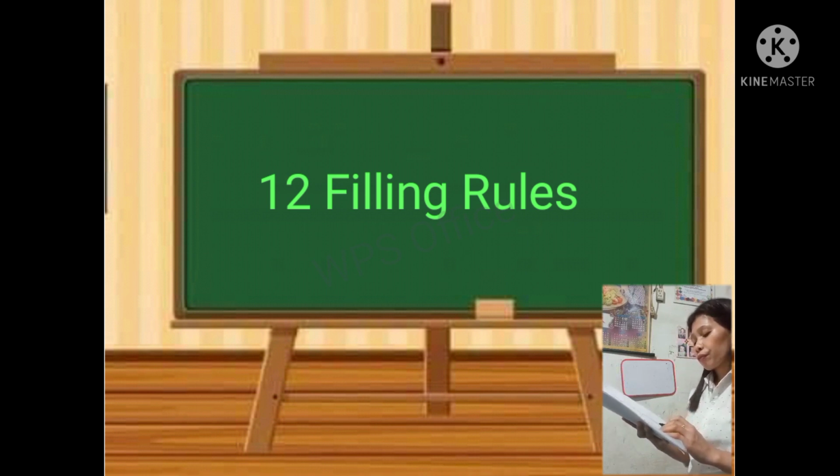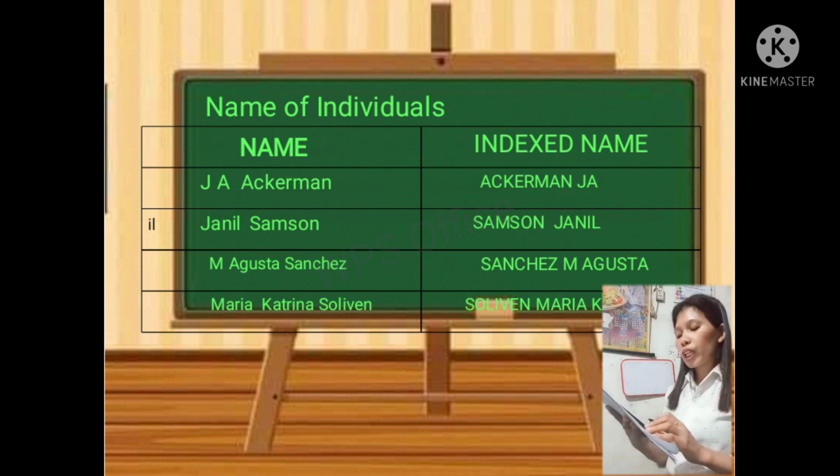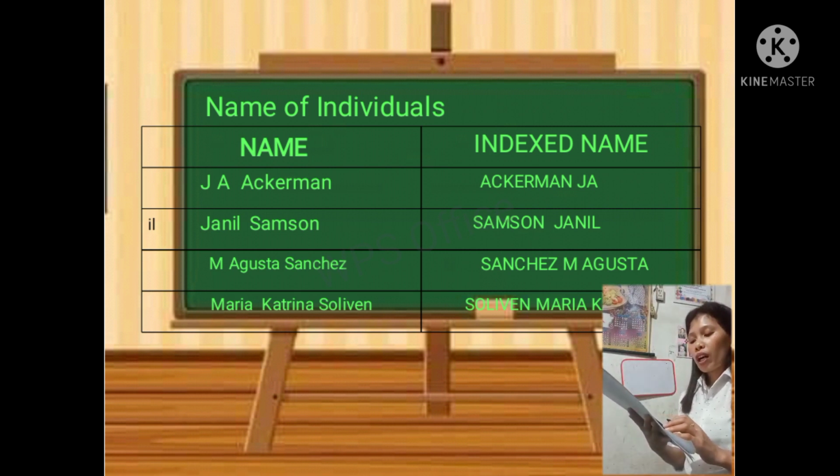Example, we have G.E. Ackerman. The index name is Ackerman G E. Next, we have Janelle Samson. The index name is Samson Janelle.